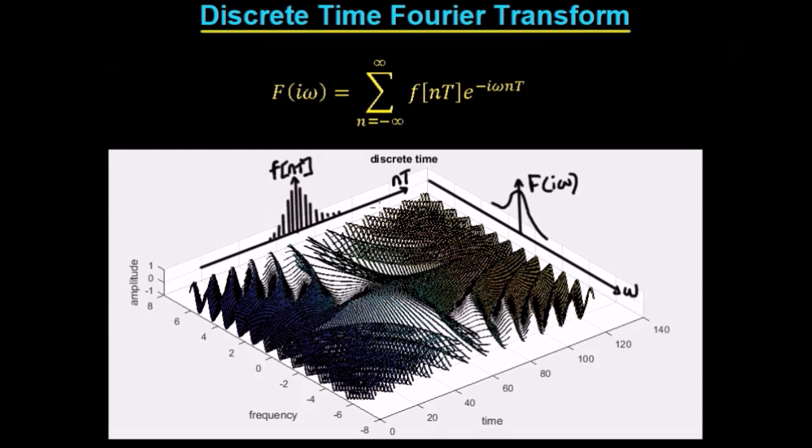And once it's multiplied the surface, then we're just going to be left with a whole load of cosine terms, and we add the cosine terms up in terms of the time axis. So we're going to add all these cosine terms up in this direction here, and when we add them all up, the height of them is going to give us the actual Fourier transform here. And you can see here that the Fourier transform, importantly, is actually going to be a continuous function because the omega axis is still continuous.